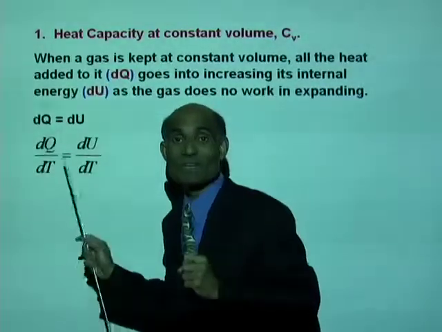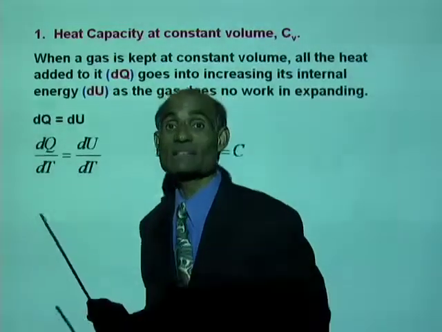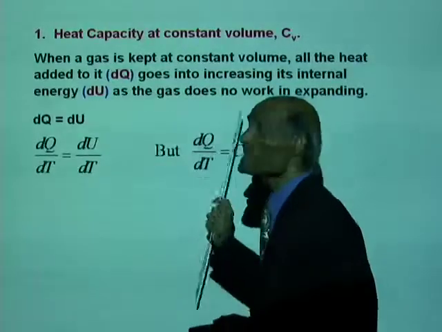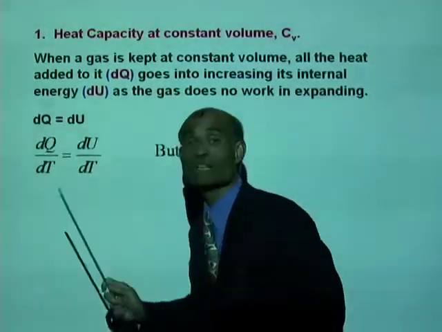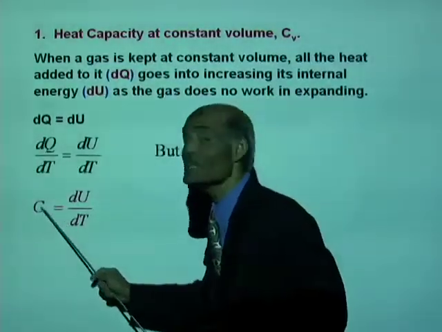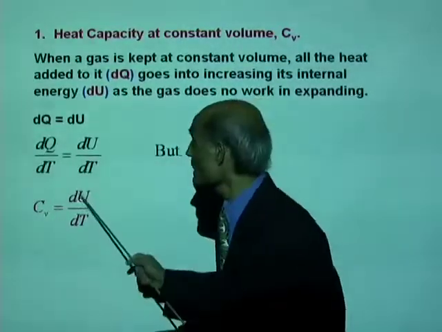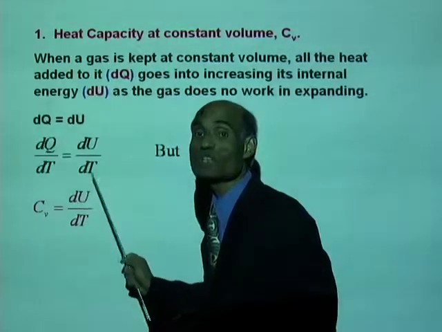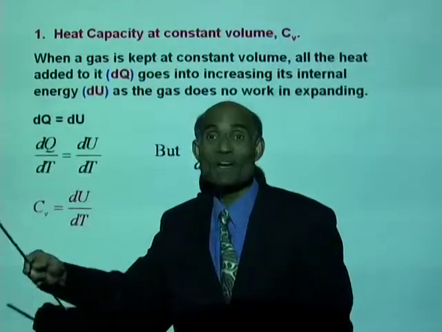Isn't that interesting? The increase in internal energy per Kelvin rise in temperature. But dQ over dt is the heat capacity. Therefore, the heat capacity equals dU over dt. Cv, the heat capacity at constant volume, equals dU by dt, where what does dU stand for? dU is the change in internal energy.